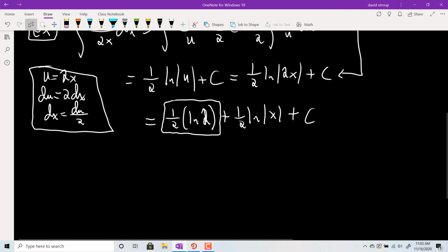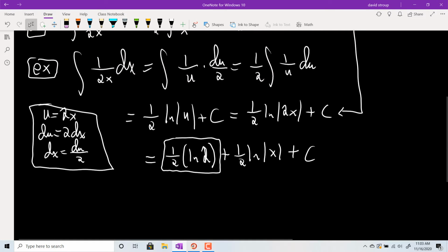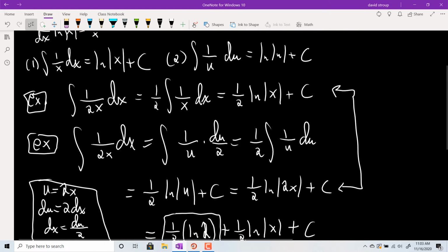So in the grand scheme of things, your antiderivative 1/2 ln of x plus c represents just a family of curves. So there's this one in particular, which you kind of think, oh, there's the answer, but really that's just kind of a seed. That's just one particular curve in the family of curves.